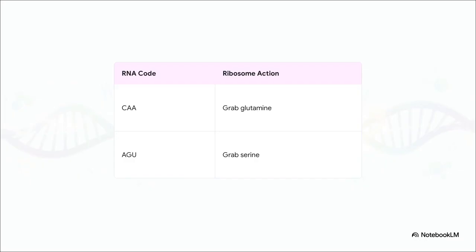To show you just how ridiculously precise this is, every 3 letters of the RNA code commands the ribosome to grab one very specific amino acid out of the 20 available. For example, if the code reads CAA, it commands the ribosome to grab an amino acid called glutamine. If it's AGU, it grabs serine, and it just keeps going, building step by step.